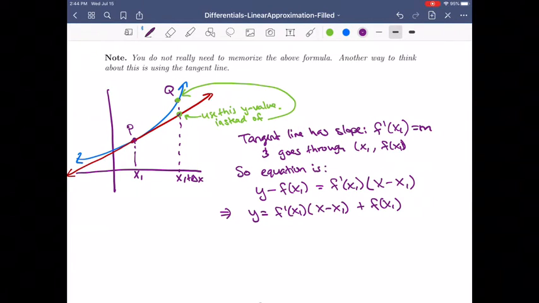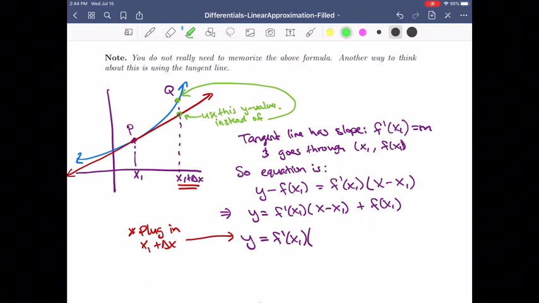Now, if I plug in, let's do this in red, my x value that I want is x1 plus delta x. If I plug that in to get my y value at that x value, so everywhere I see x, my new x value goes right there. x1 is already known, so my only x value is that one.